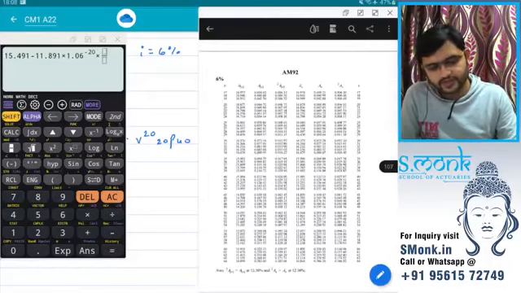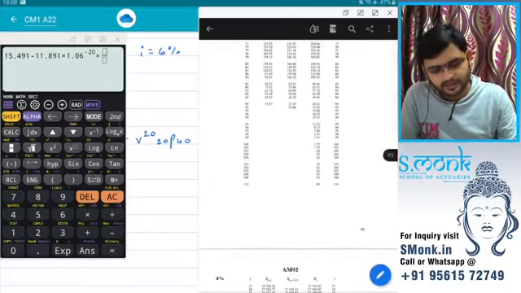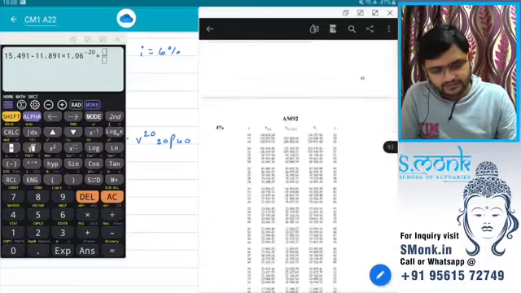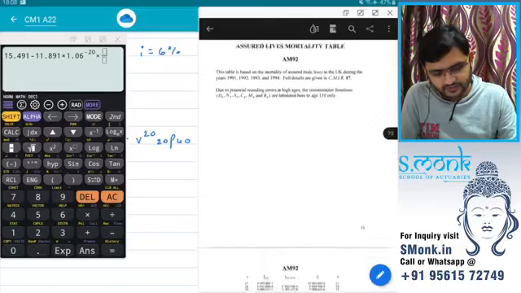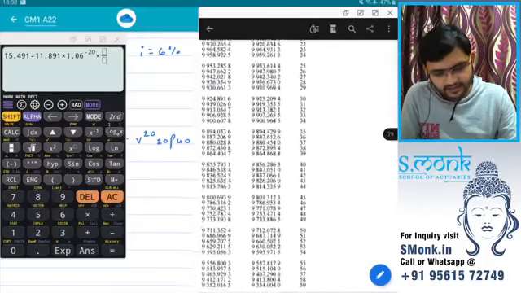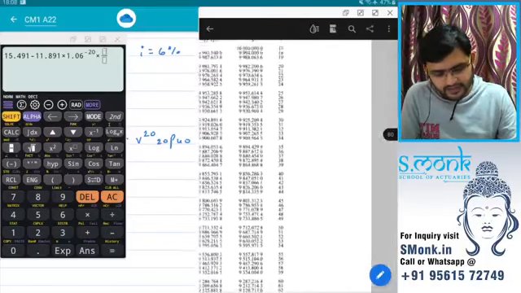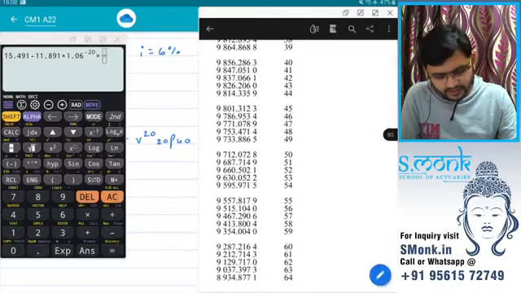For 20p40 we'll have to go to the L table. Here we are, the L table: L60 by L40.